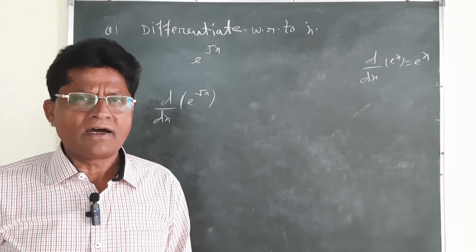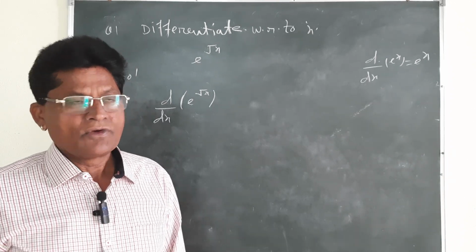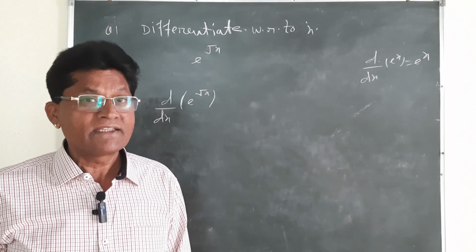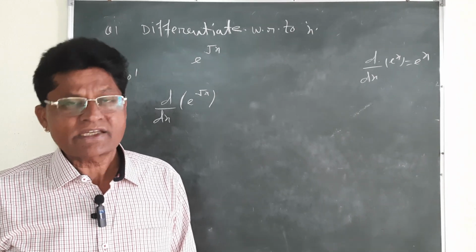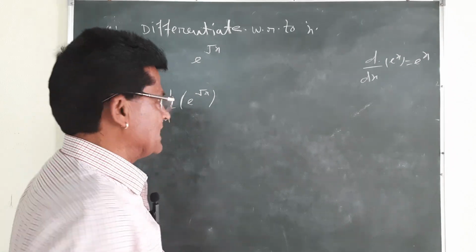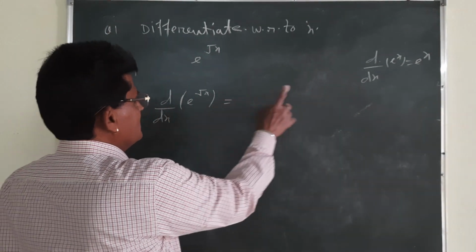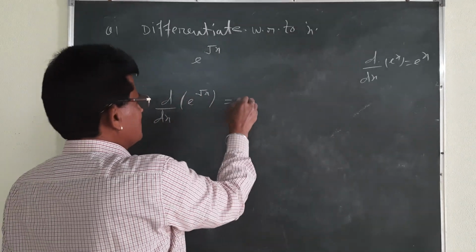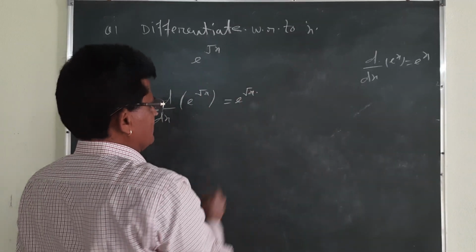One function is e to the power x, another function is root x. That is why there are two functions, and you must differentiate both with respect to x. The differentiation of e to the power x is e to the power x itself. Simple.